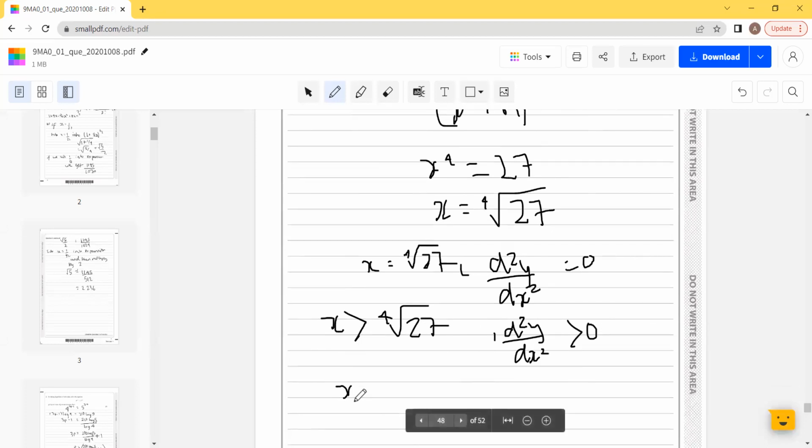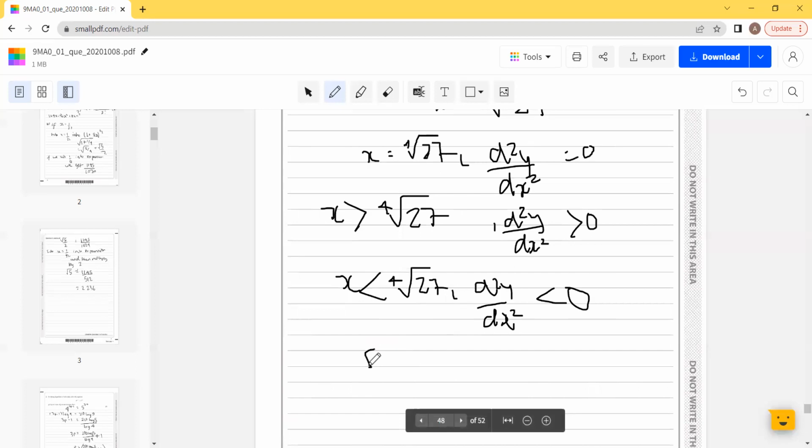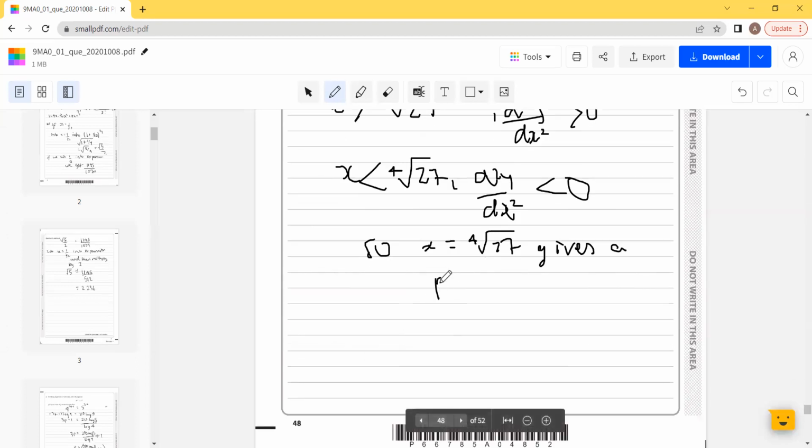And when x is less than the 4th root of 27, then d2y by dx squared is less than 0, which means that it's a point of inflection. So I can say x equals 4th root of 27 gives a point of inflection. And that's how you do this question.